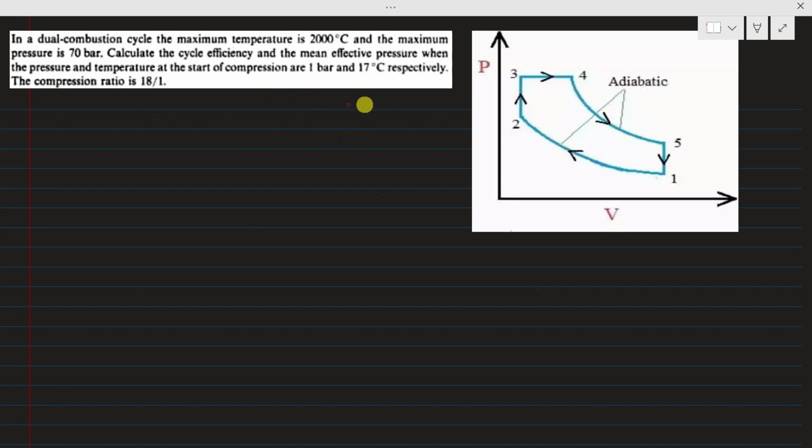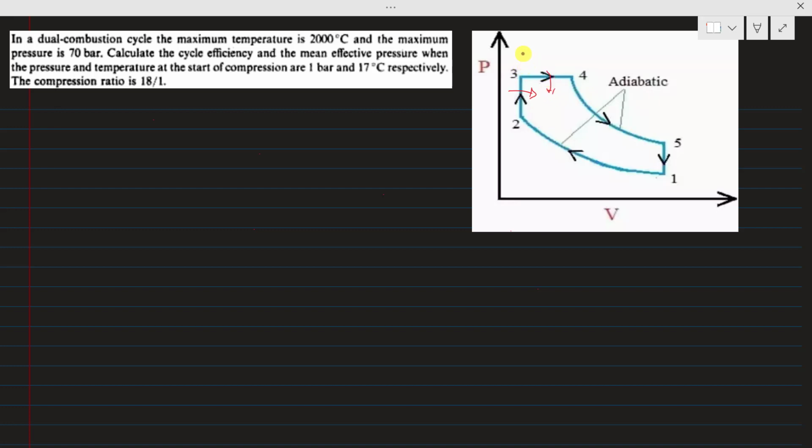Before solving this problem, I have shown the dual combustion cycle on the right side. Dual combustion means that the combustion takes place at constant volume as well as at constant pressure.